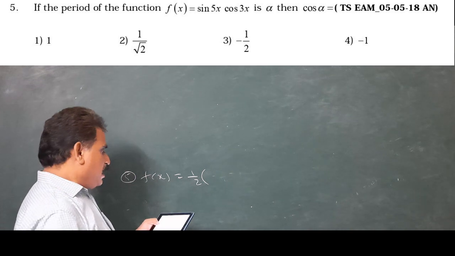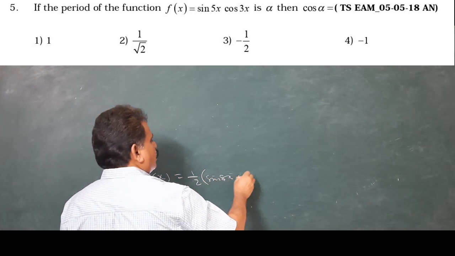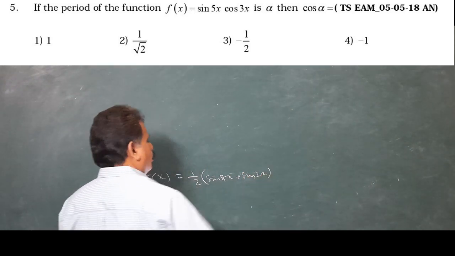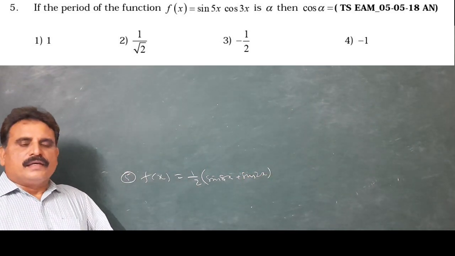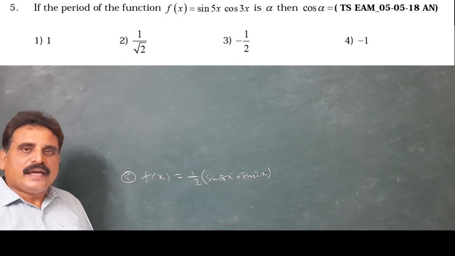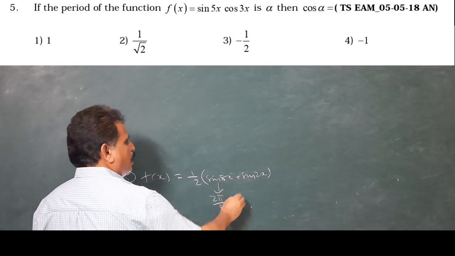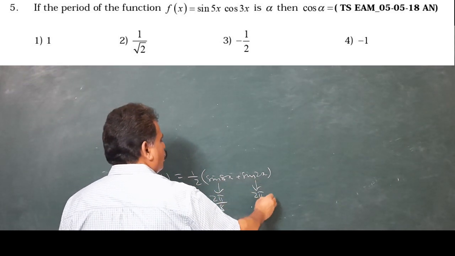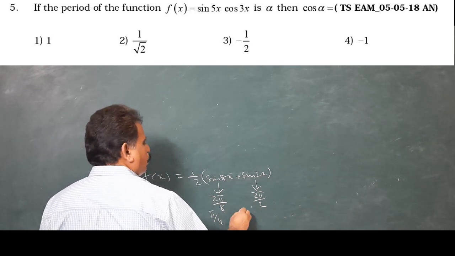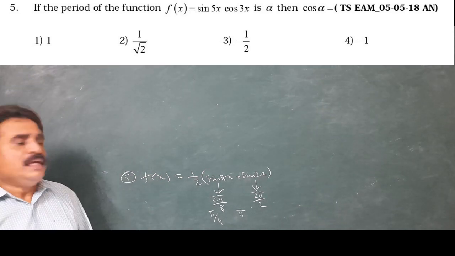Sin a plus b is sin 8x, plus sin of the difference, that is sin 2x. Sin 8x period is 2 pi by 8, that is pi by 4. Sin 2x period is 2 pi by 2, that means pi. So the LCM of pi by 4 and pi is pi.